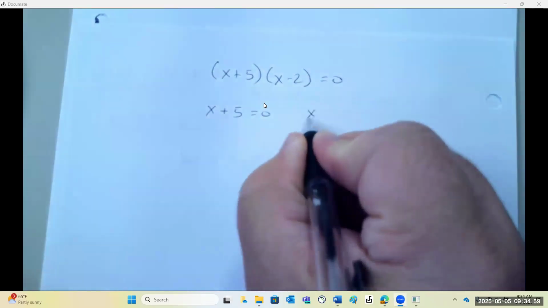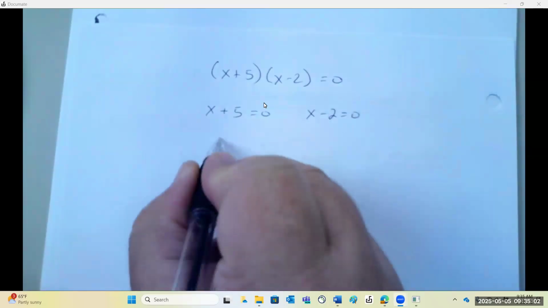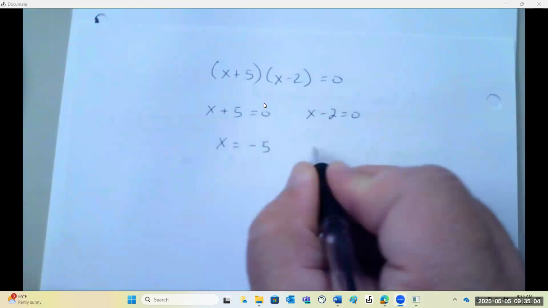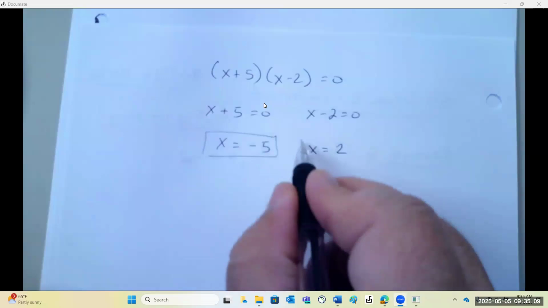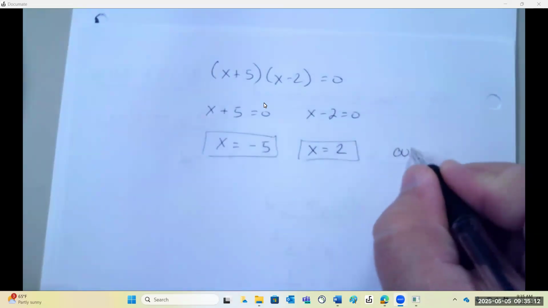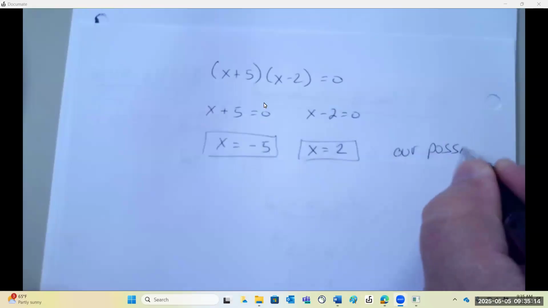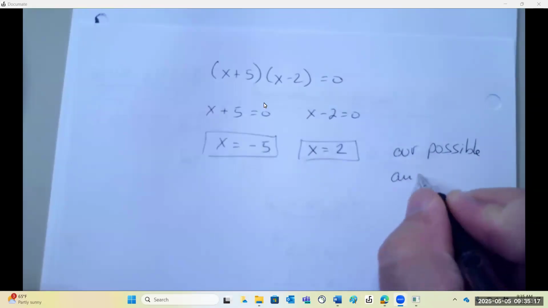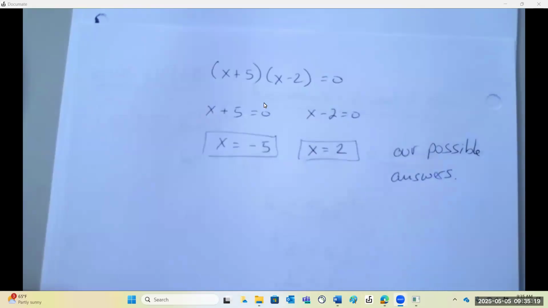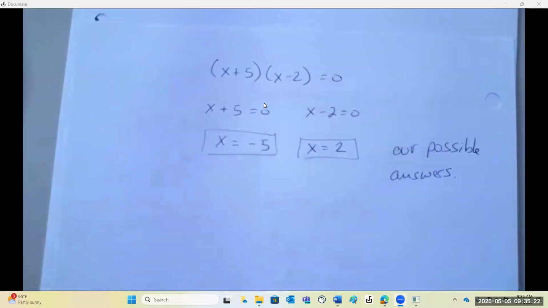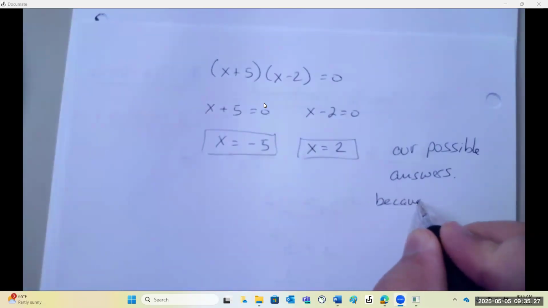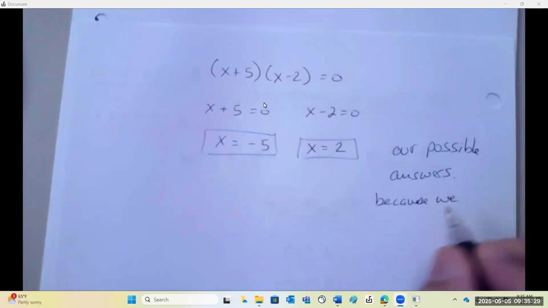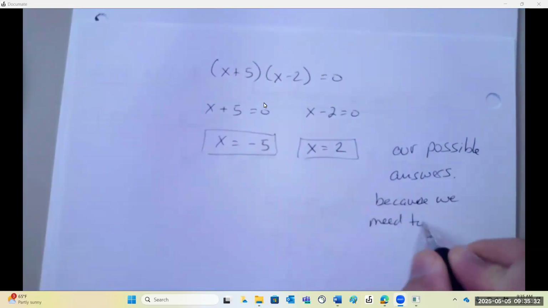Take both of those and solve. So x is equal to -5 and x is equal to 2. These are our possible answers, because we need to check your answers.